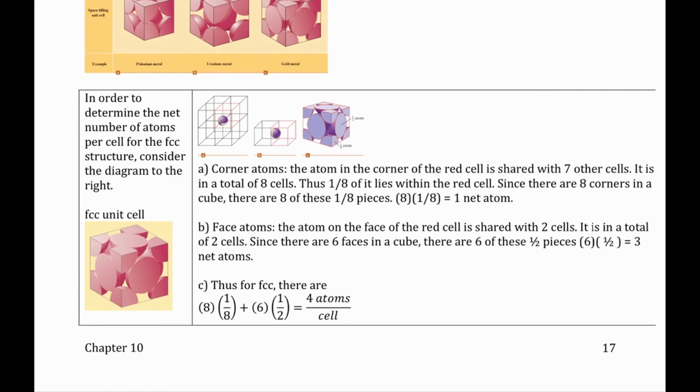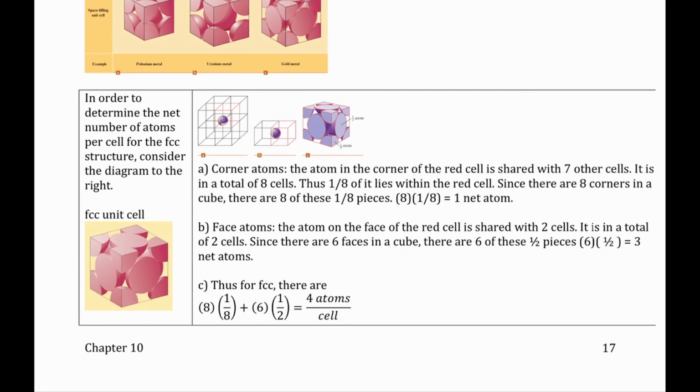In A, we're looking at corner atoms. So we've got that red box, which is representing the unit cell, and we see that it's showing one corner atom. The atom at the corner of the red cell is shared with 7 other cells. It is in a total of 8 cells, its own plus 7 others.